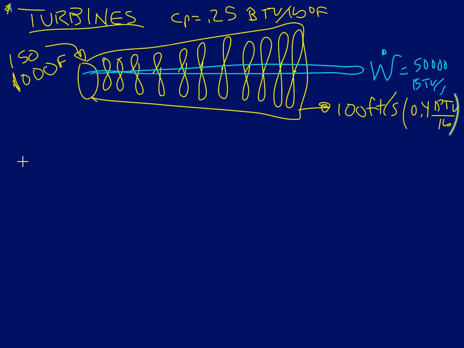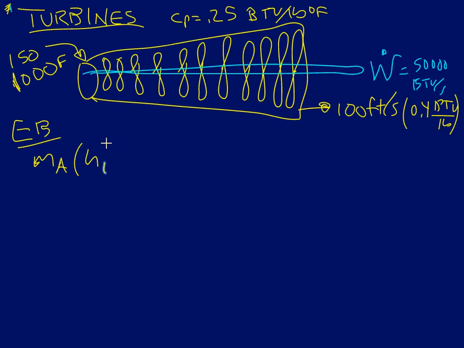So now we can do the mass or the energy balance on the turbine. Let's write it EB. That will be M dot of the air times H1.